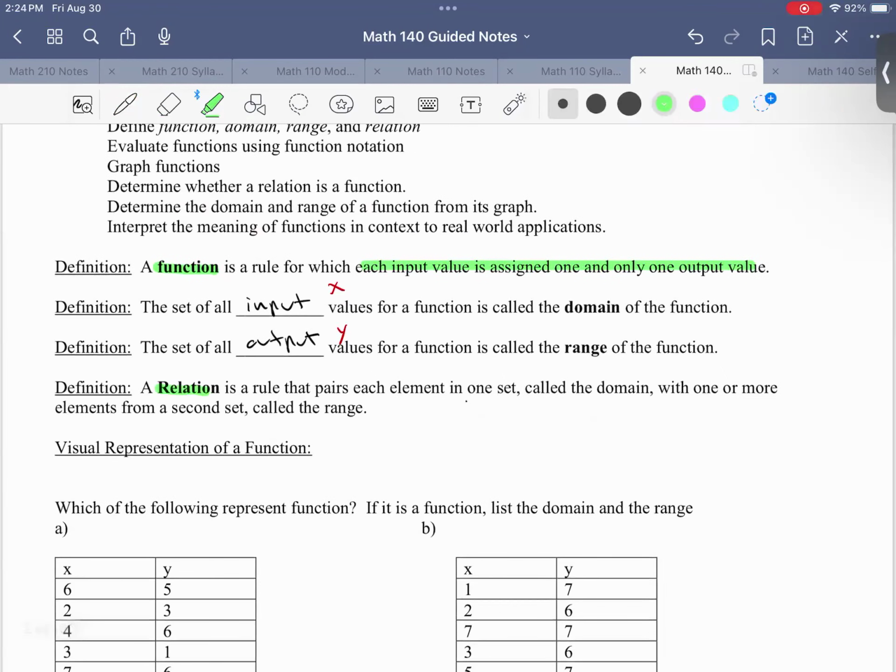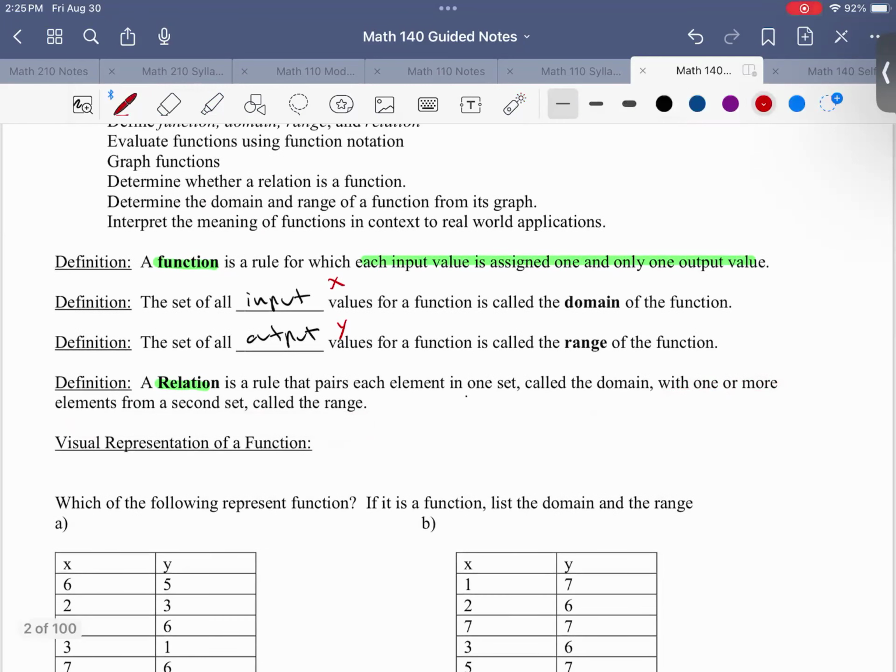A relation is a rule that pairs each element in one set, called the domain, with one or more elements from a second set, called the range.